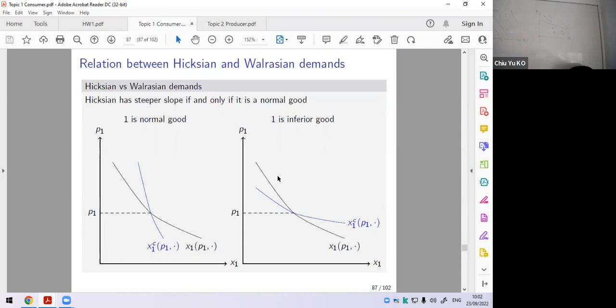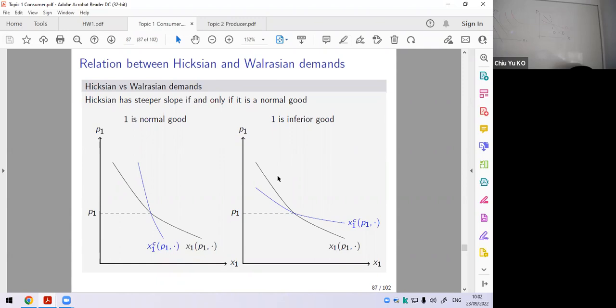The reason is that the price is less expensive. Even though you keep the same bundle, you have extra money left, because good one is cheaper. So even if you consume everything the same, you have an extra dollar left. And the fact is, in terms of a normal good, you will spend more on good one. In that case, the Marshallian demand will be more than the Hicksian.